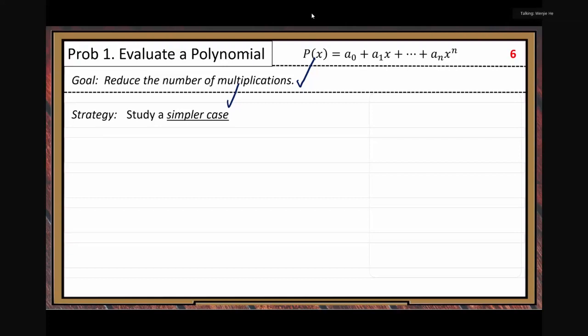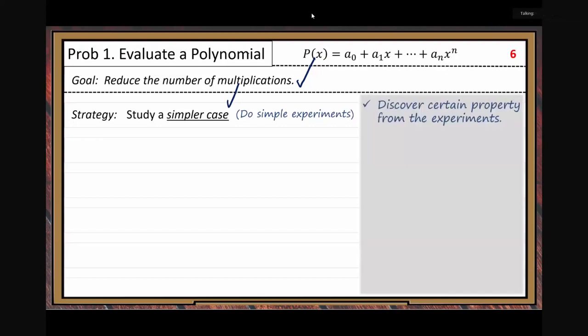When we do experiments, we do observations, looking for some rules, patterns, some phenomenon. We discover certain properties from the experiments. It is easier to do experiments when the data sizes are small.